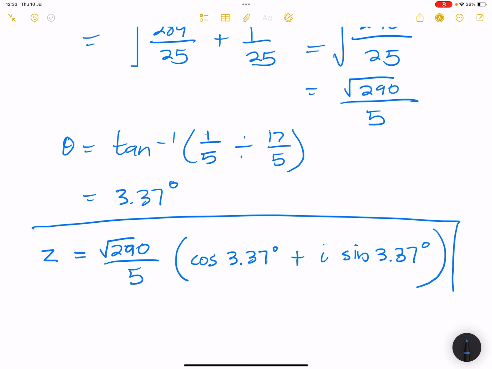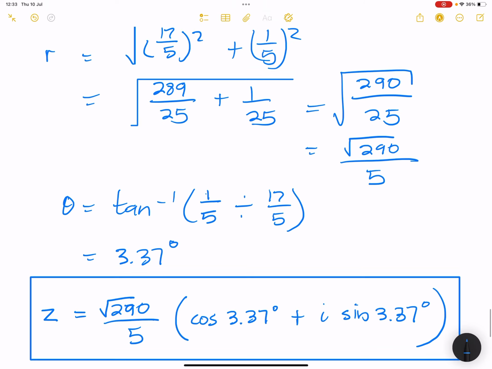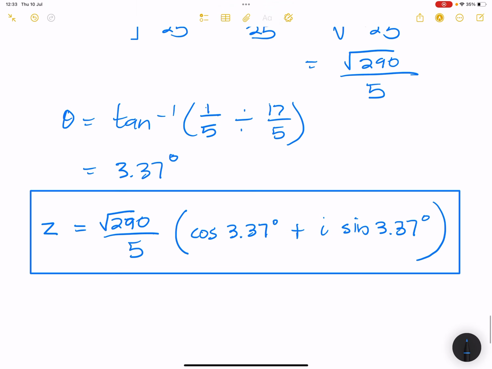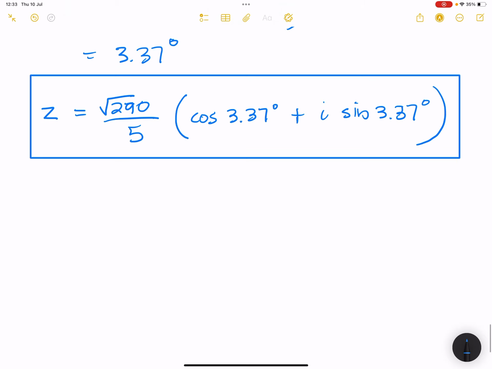Ladies and gents, that is what I get in terms of the polar form. And you're more than welcome to draw this as a graph as well, so that you are able to see how it would look.